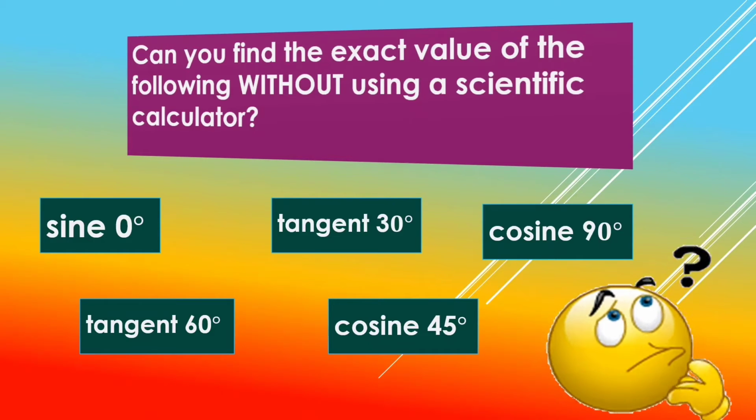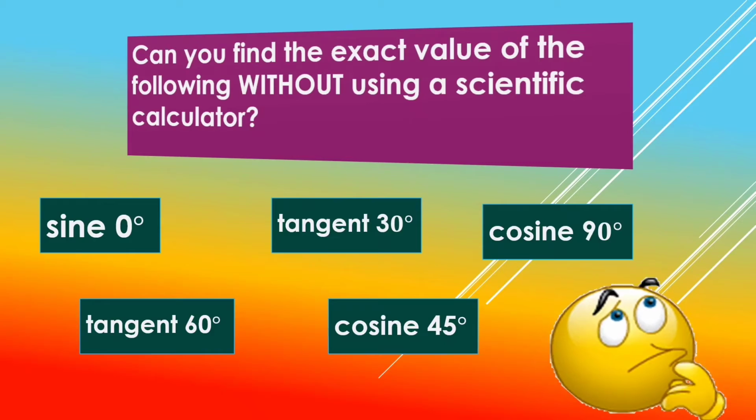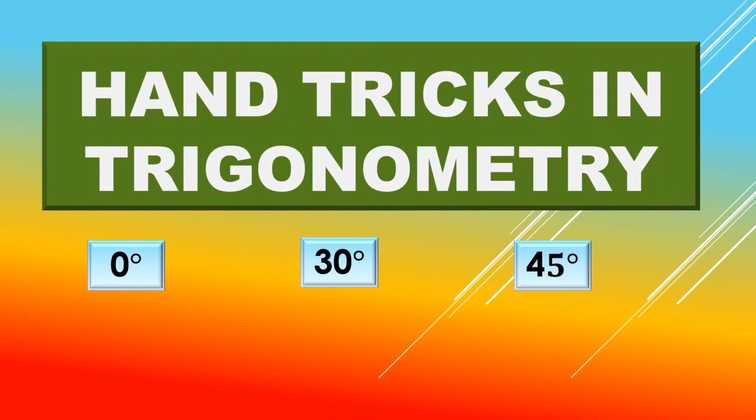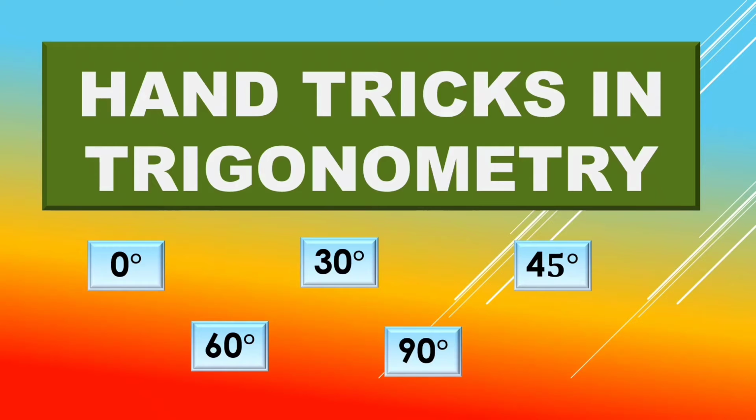If not, oh come on, let's study the hand tricks in trigonometry for the angles 0 degrees, 30 degrees, 45 degrees, 60 degrees, and 90 degrees.